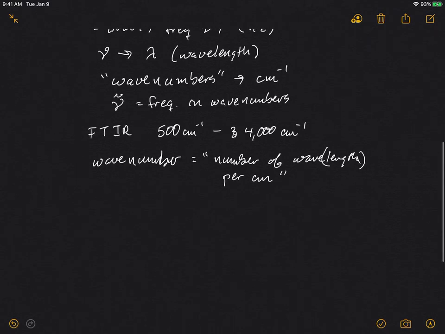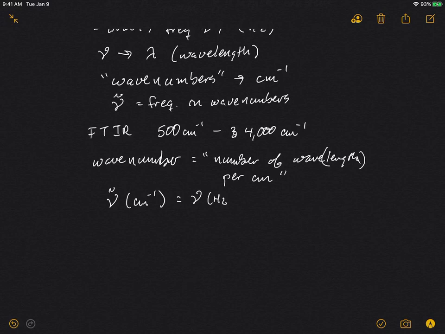And let's see what else to say about wave numbers. Oh yeah, the relationship between wave number and frequency in hertz. If you have frequency in hertz and you divide by 100 times c, where c is the speed of light in meters per second, the factor of 100 converts it to centimeters.